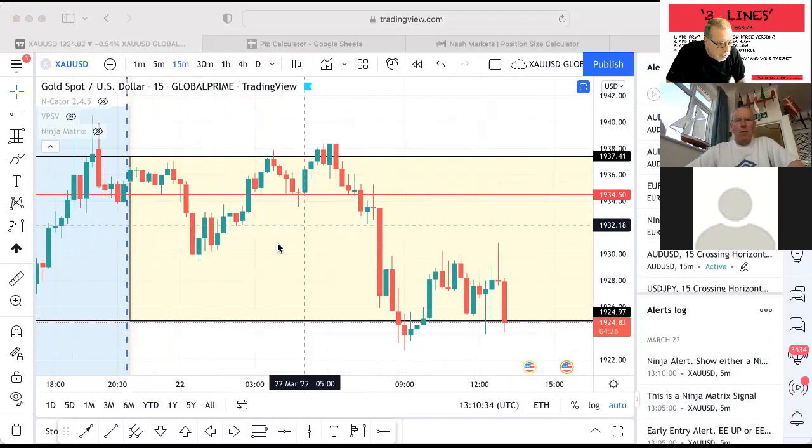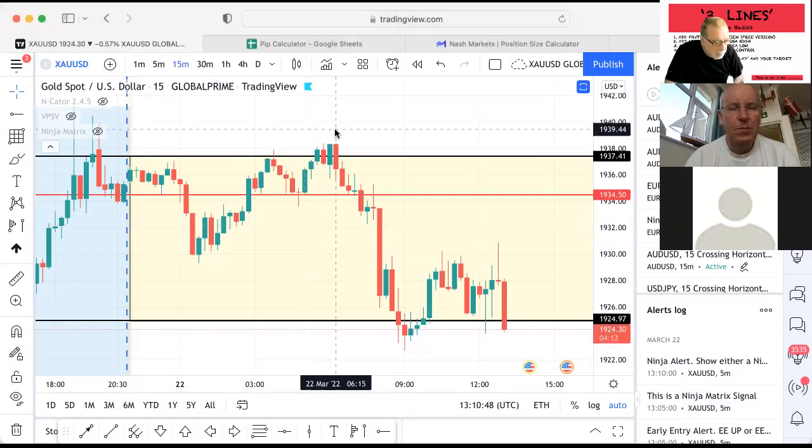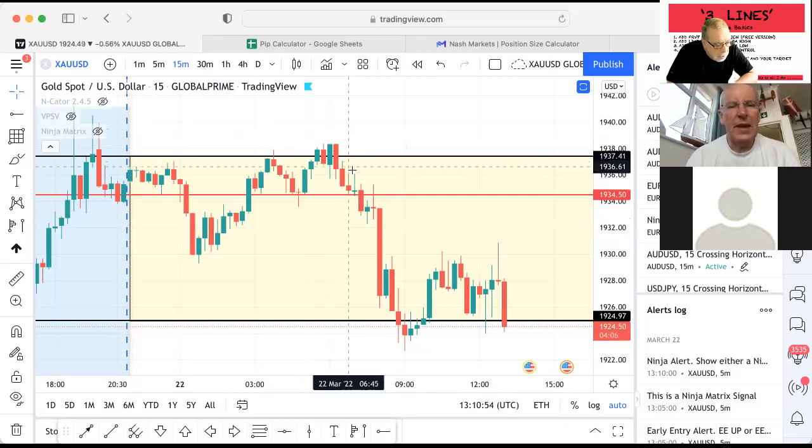However, I've started taking trades. If we look at this trade here, if you were open at about, where are we, 6:15 this morning and spotted this potential trade, you could have taken that down to the target.